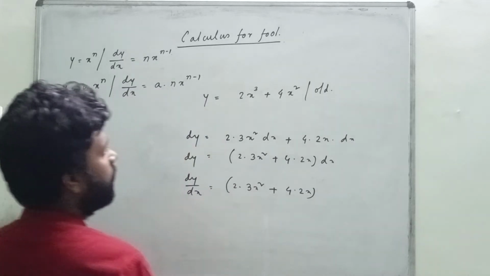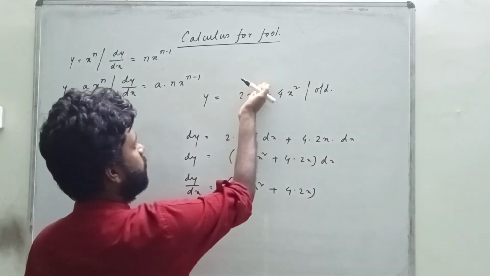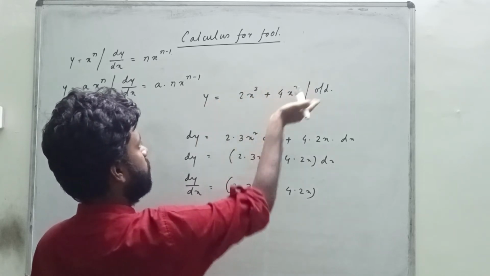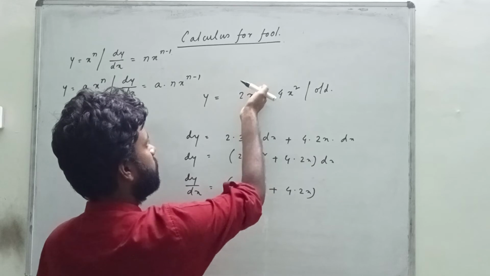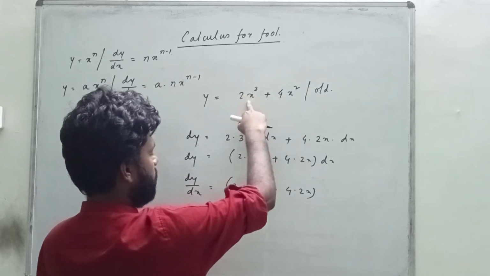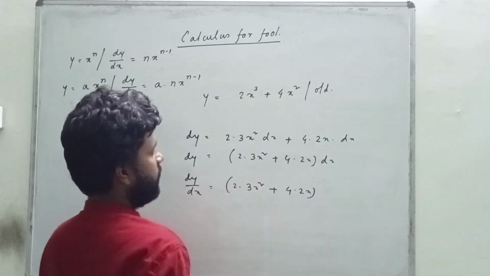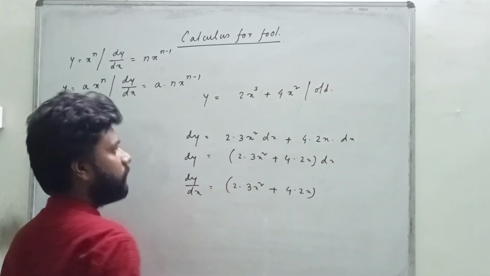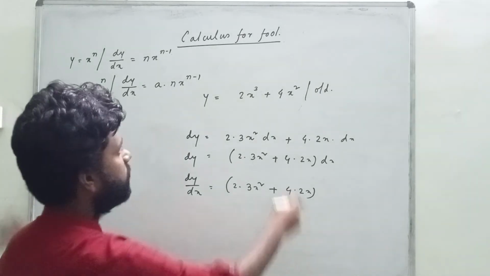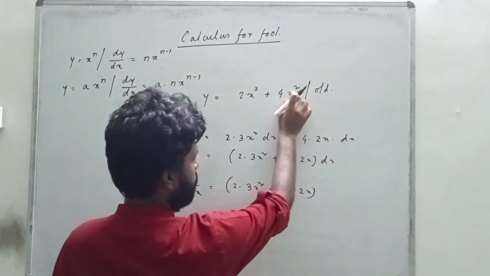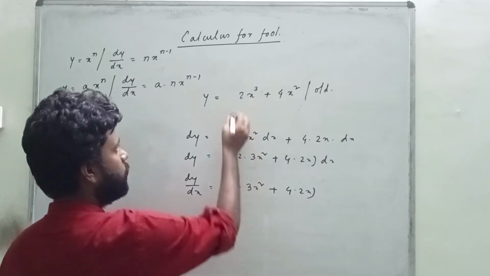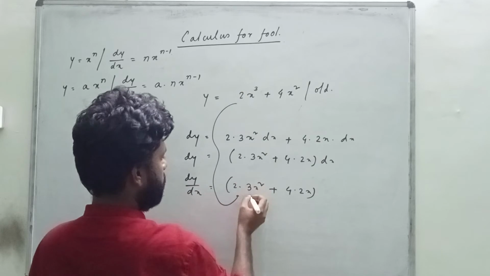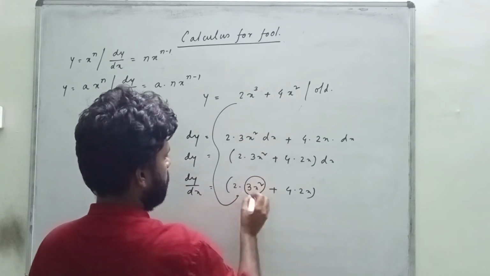Because if you have y equals x cube and take dy over dx, you will get 3x squared, and if you have y equals x squared, and take dy over dx, you will get 2x. Just 2 remains constant here. x cube goes to 3x squared here.